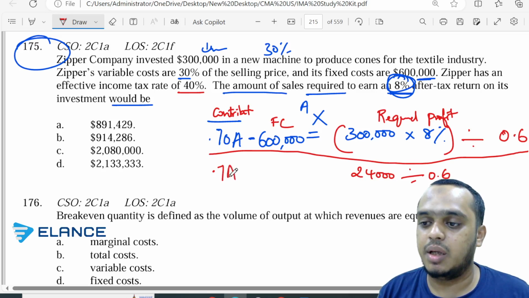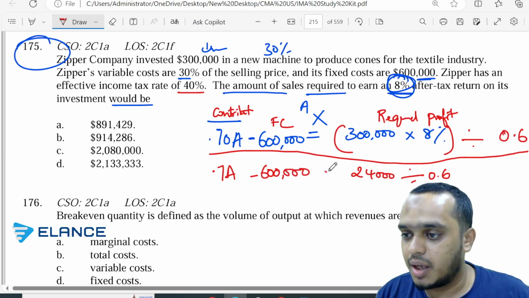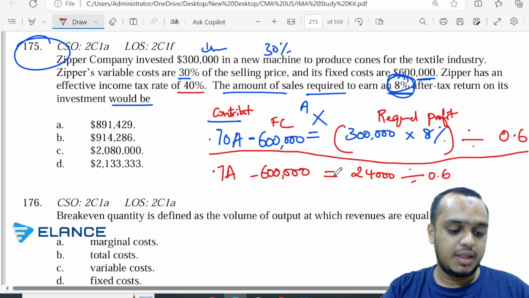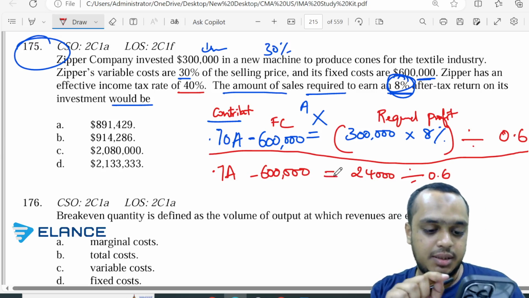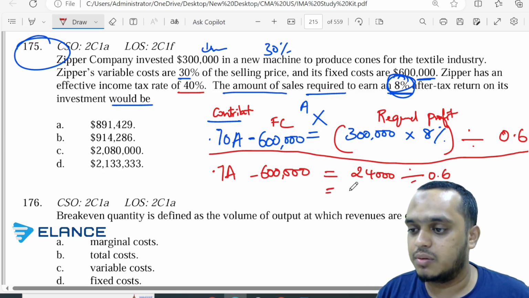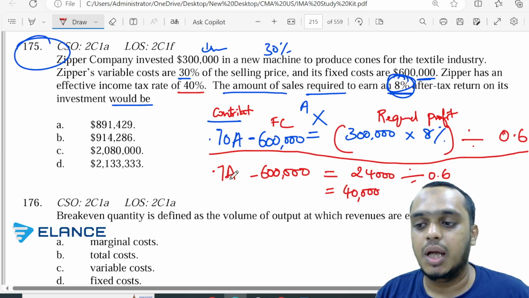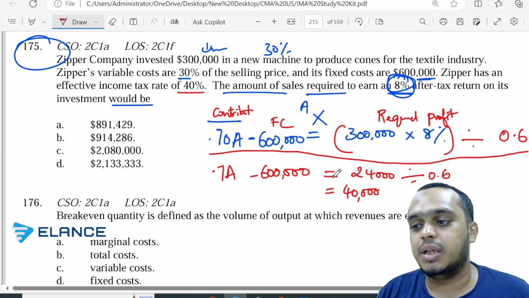0.7A minus 600,000 remains the same, and then we have the equals in between. Then this 24,000 I'll just divide by 0.6, I get 40,000. So 40,000 here, and this is 0.7A minus 600,000.